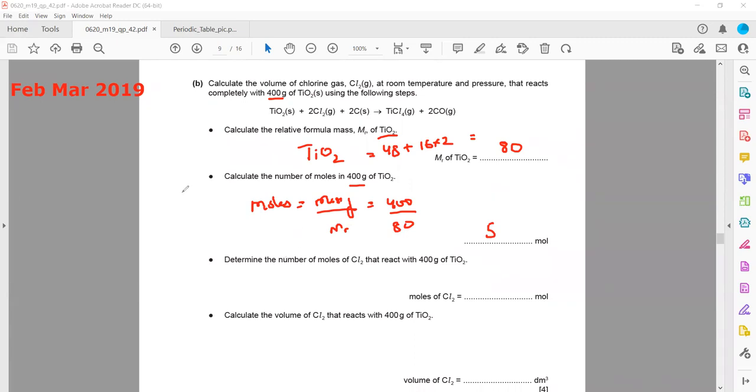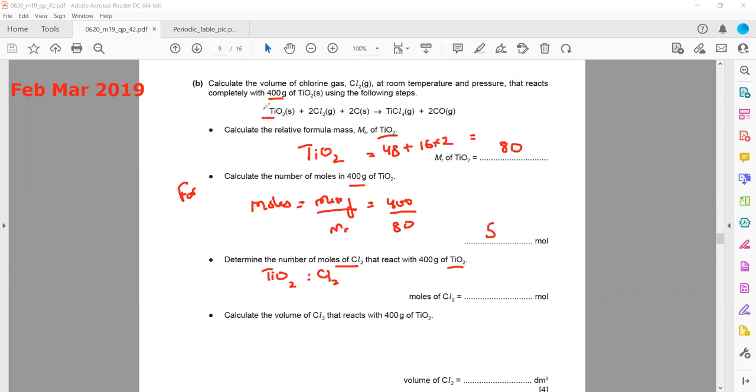So we solved this by formula. Then we have to calculate the moles of chlorine which reacted with titanium oxide. As you can see in the question, we don't have any information about chlorine, either volume or mass. So we'll use a ratio between titanium oxide and chlorine.